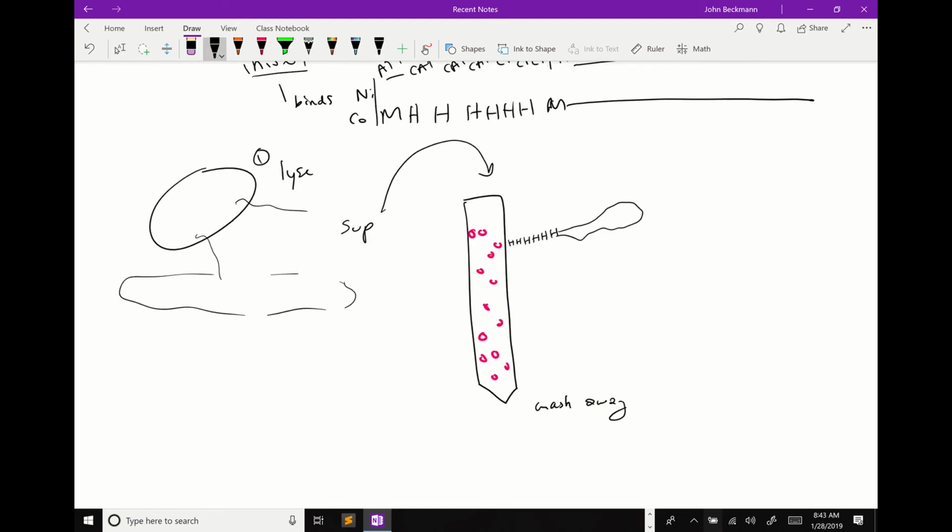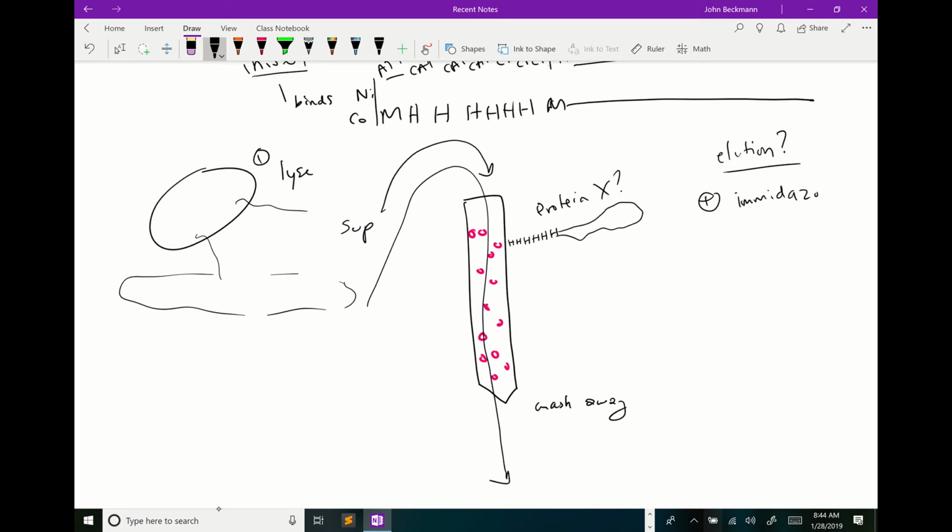This is affinity chromatography. You've heard of that before in chemistry? Affinity chromatography. Now, how do you get protein X off the beads? This step is called elution. How do you do that? Add something that has greater affinity. Yes! You add imidazole. You don't need to remember this, you should, but it won't be on the test.